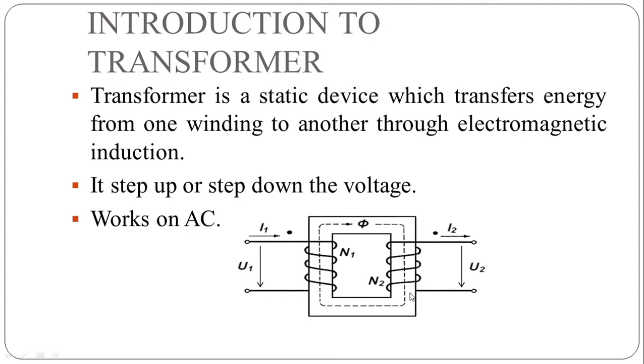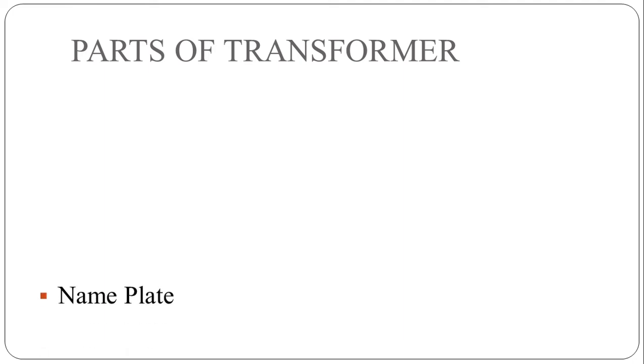Now we are going to the second slide, that is parts of transformer. So first part of transformer is nameplate. It is a metallic plate attached to the body of transformer. Being an electrical engineer, you must know how to read the nameplate of transformer. I will make a separate video on this.